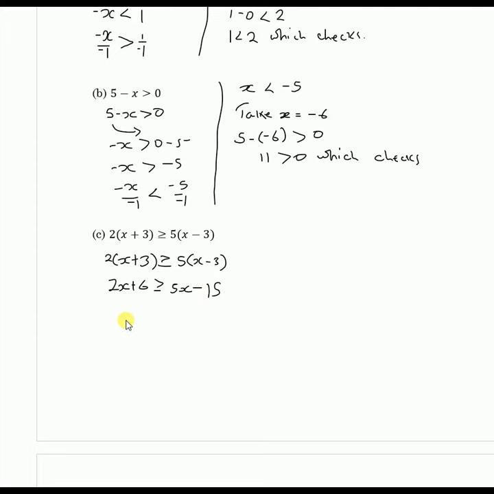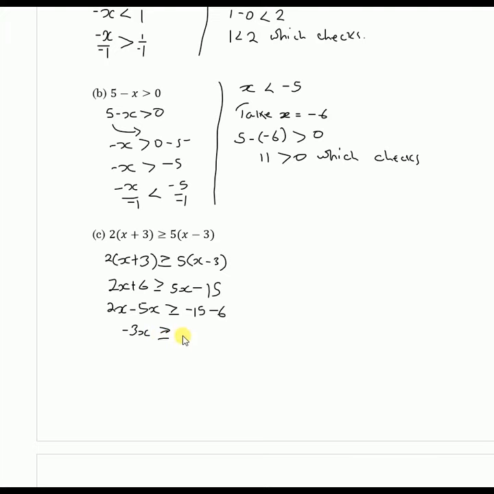And then let us collect the like terms together. So we have 2x minus 5x is greater than or equal to negative 15 minus 6. When I get 2x minus 5x, I get minus 3x greater than or equal to.